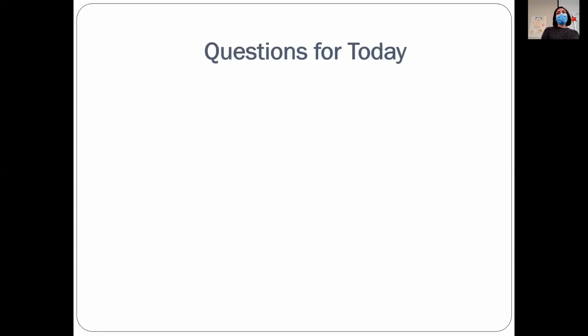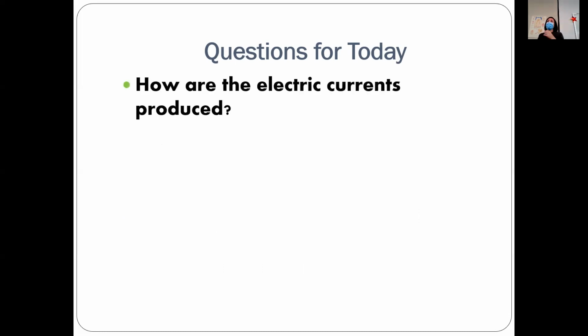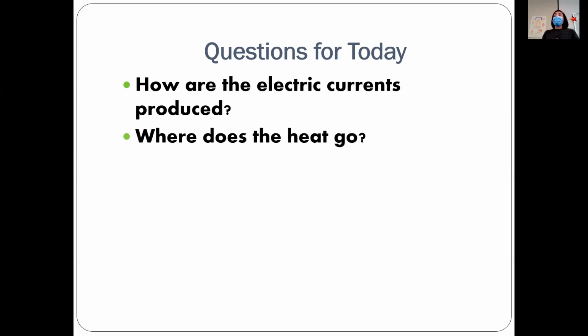The questions that you'll hopefully be able to answer by the time we get done with today: how are the electric currents produced? That sounds like a funny question, but we'll know how that electricity gets to where we need it to be. Where does the heat go?